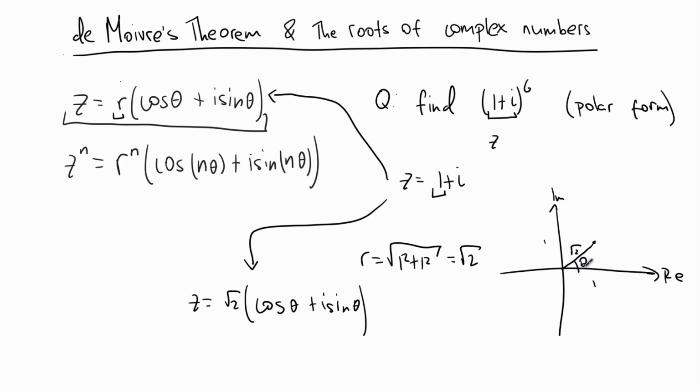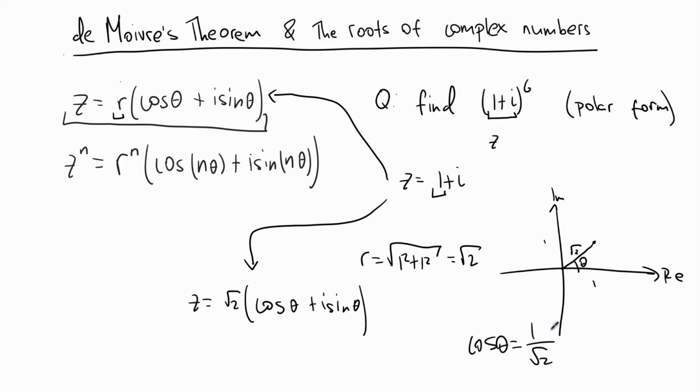Alright, so this is our theta here, and I can use basic trigonometry to find my angle. Here we know that the adjacent side is 1 and the hypotenuse is square root of 2. So I can go ahead and say cosine theta is equal to 1 over square root 2.